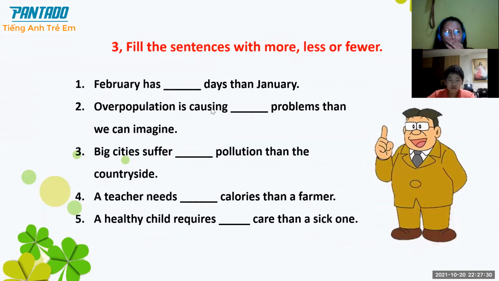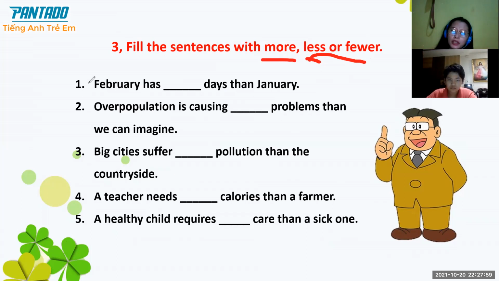In the next slide, I want you to fill the sentences using more, less, or fewer. You will just write the word on the blank. When you say more, it means many or increasing; less means decreasing; fewer is somewhat the same.